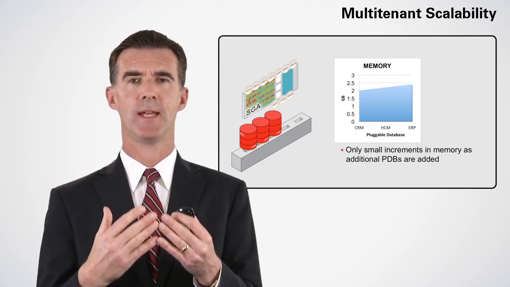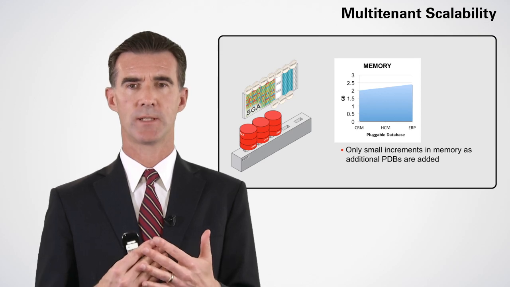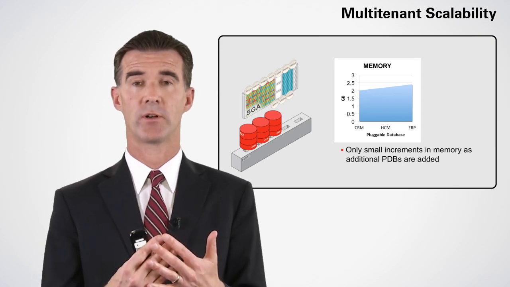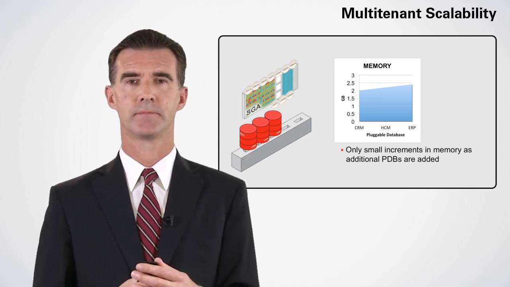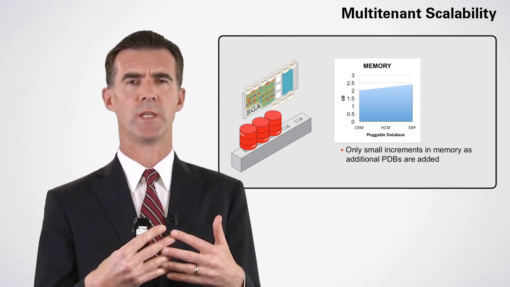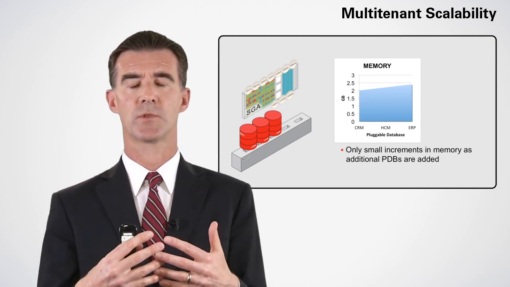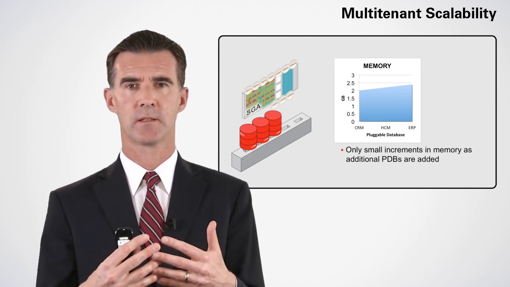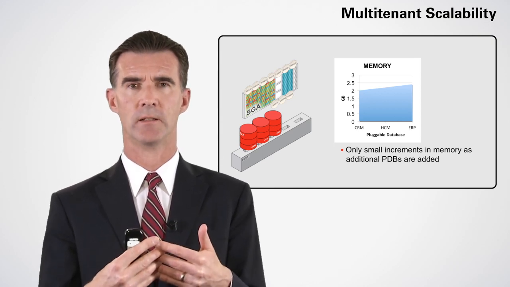Scalability is one of the key goals that we had with the multi-tenant architecture. And we've delivered this by having this single set of background processes and this single shared memory environment. If you think about what happens when you start an Oracle database, there's a certain amount of resource which is consumed just by starting the Oracle database. You can think of it as running your car in idle.